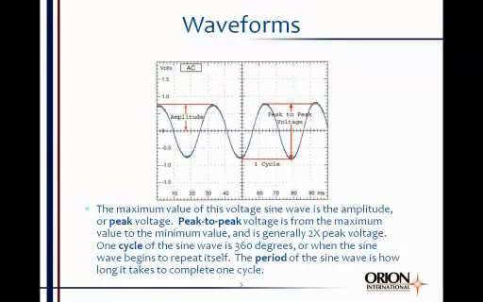Generally that's twice the peak voltage if the sine wave is centered around the 0-volt axis like this sine wave is. A cycle of a sine wave is 360 degrees, or if you look at the waveform, it's where the sine wave begins to actually repeat itself. And the period is how long it takes for a sine wave to complete one cycle. That would be in seconds, or in this case, milliseconds.